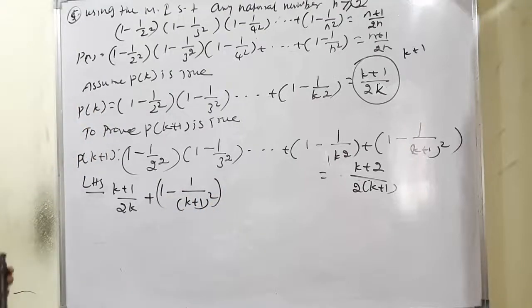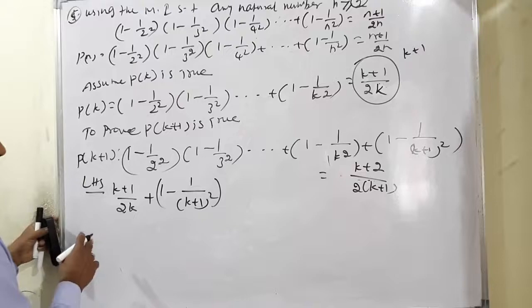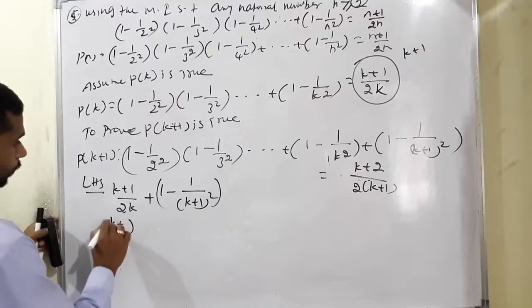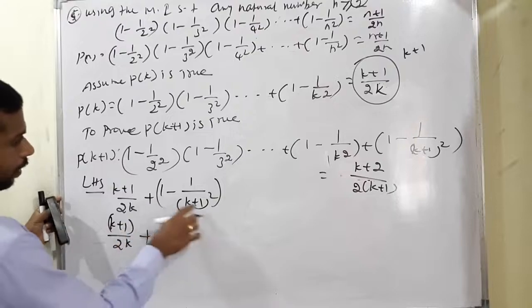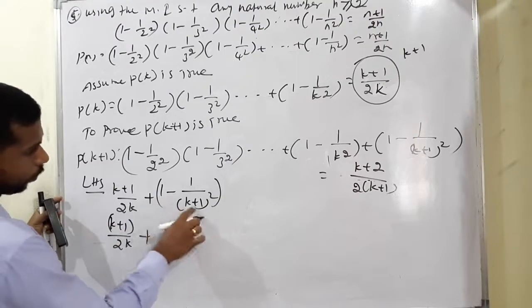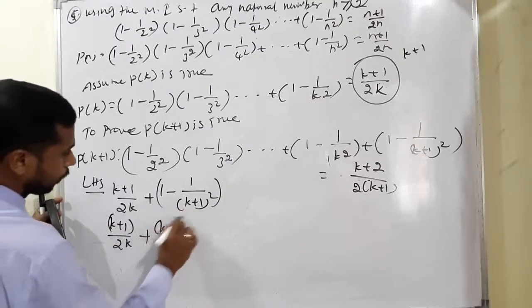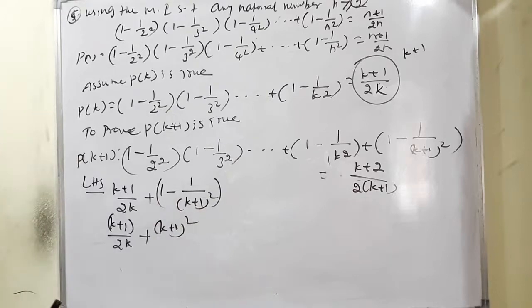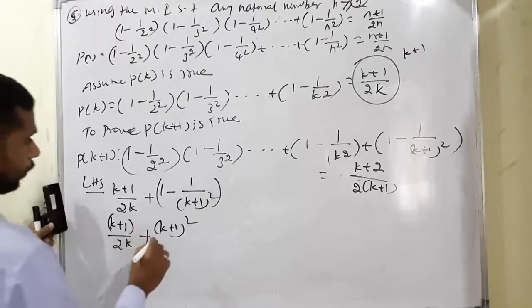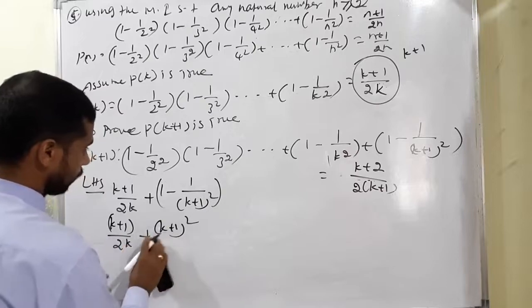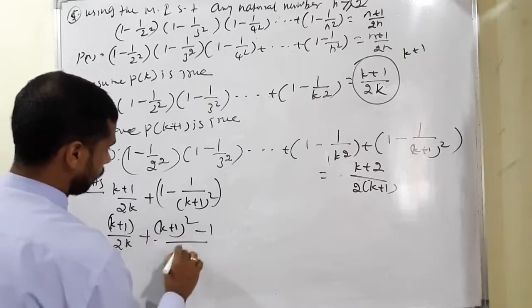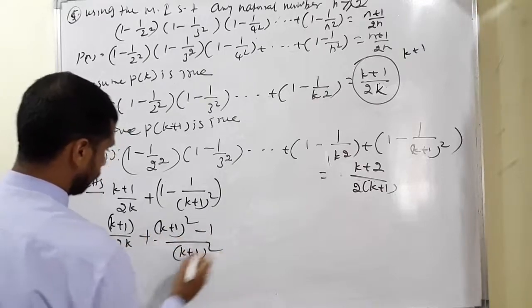So now, (k+1)/(2k). Simplification: 1 times (k+1)² means (k+1)², divided by that, minus 1 divided by (k+1)², isn't it?